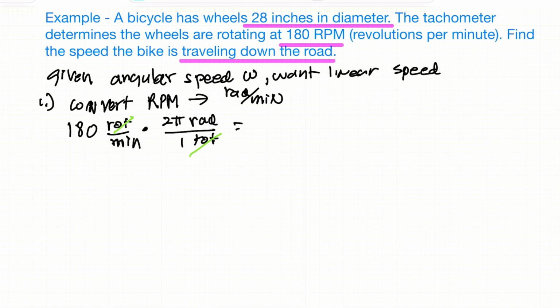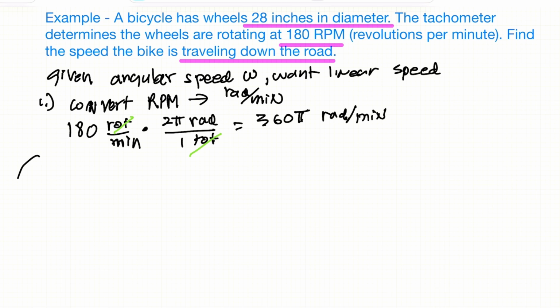So that is going to be equal to 360 pi, because that's 2 times 180 times pi, and that is in radians per minute. So there is our angular speed in radians per minute. That's going to be our omega.